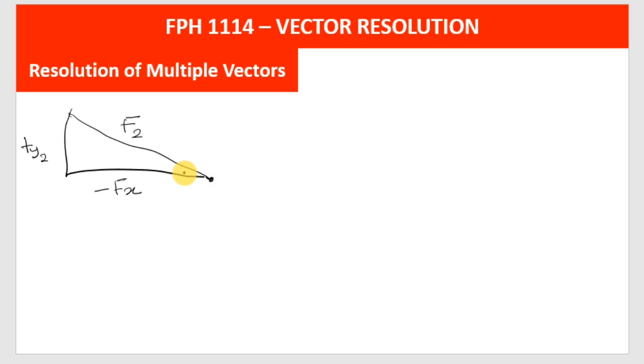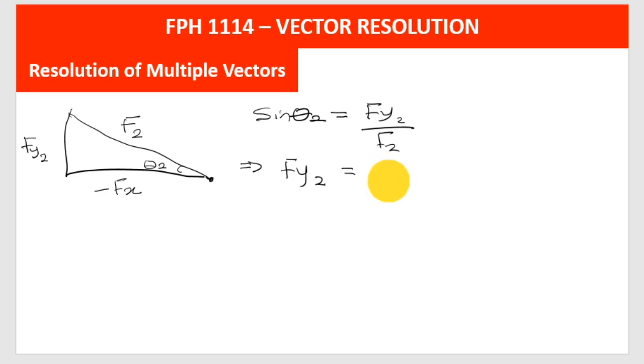Remember that this is the origin, and then we have theta 2 here. So how do we work around this? Sine theta is opposite over hypotenuse, so sine theta is equal to Fy2 divided by F2, which implies that Fy2 is equal to F2 sine theta 2. This becomes our second one.